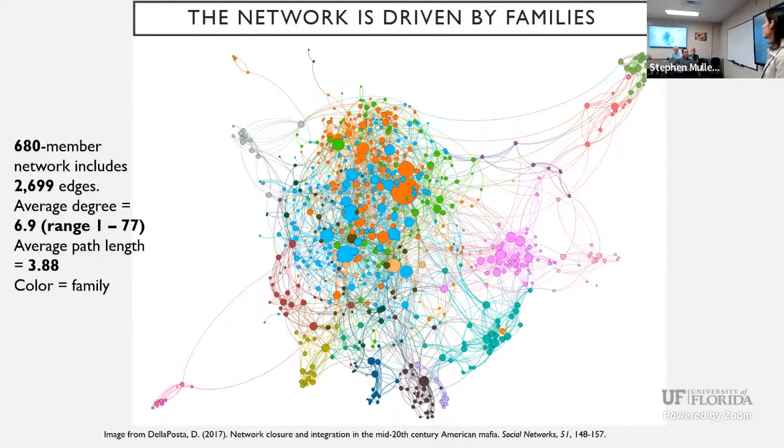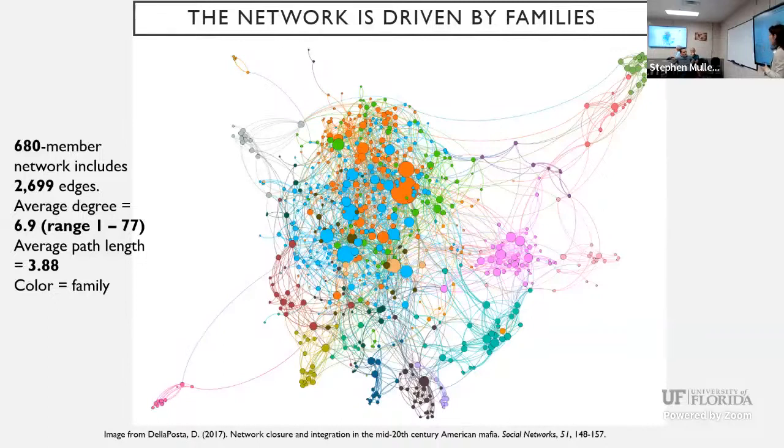And one thing that's really important in driving this network is the concept of family. So what family do you work for? Do you work for the Profaci family? Do you work for the Bonanno family? Do you work for the St. Louis family? Many of the families were named for the city that they were in. And so color here indicates family. So you can see just by visualizing this, how the families drive a lot of the ties within this network.